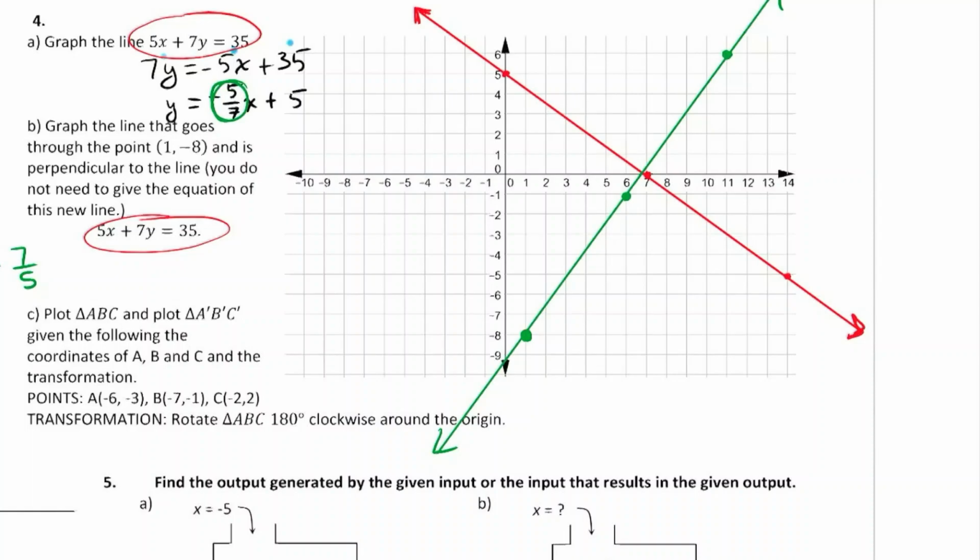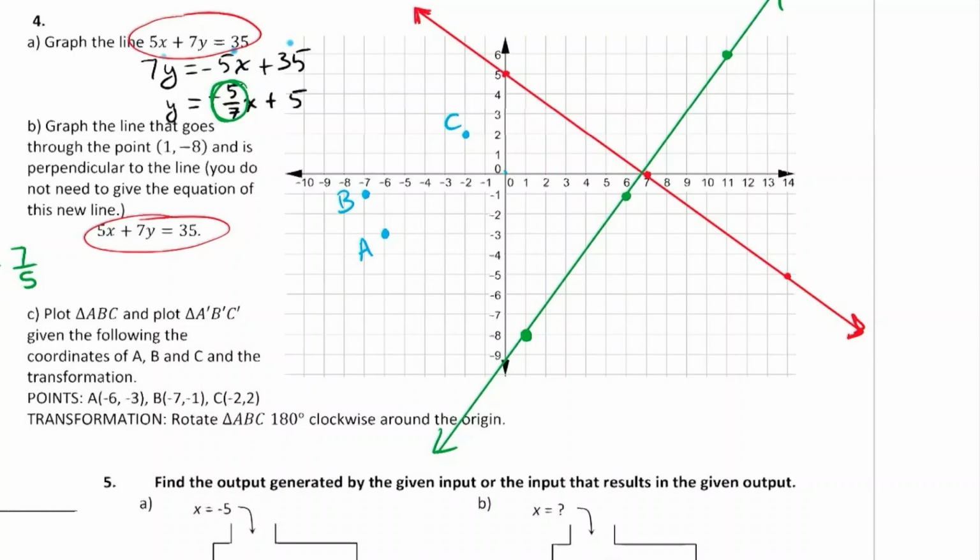This is the location of A. B is located at -7, -1. This is B. And C is at -2, 2. C. And we're asked to take this triangle and rotate it 180 degrees clockwise around the origin.